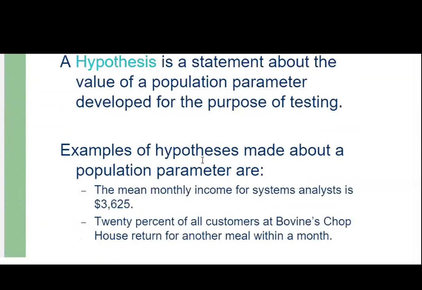So what is the hypothesis? A hypothesis is a statement about the value of a population parameter developed for the purpose of testing. So let's say you have a population, we conduct sampling, and from the sample we get an average. This average is the parameter of the sample.